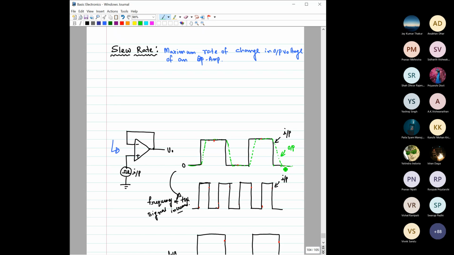This is what is called slew, and it is due to the slew rate.